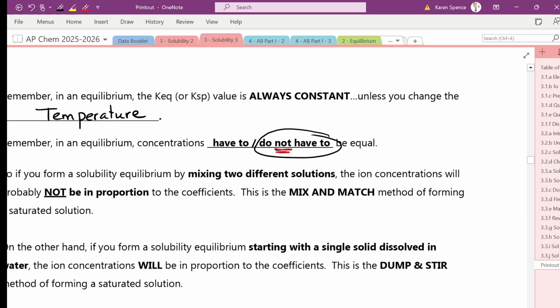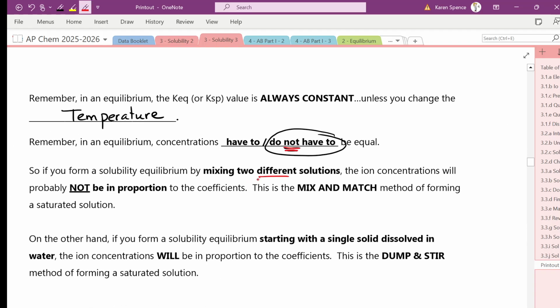So if you form a solubility equilibrium by mixing two different solutions, the ion concentrations will not be in proportion to the coefficients. This is mix and match. On the other hand, if you do dump and stir, you will get concentrations in proportion to the coefficients.